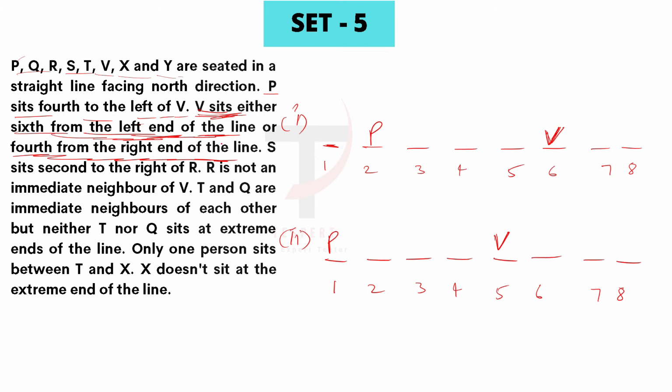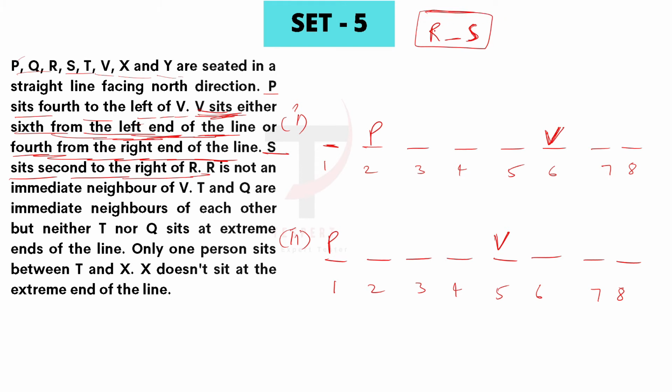Here S sits second to the right of R. This is the next statement. S sits second to the right of R, which means if R is here, S must be here, because S is second right to R. This is the first right and this is the second right. Let us mention this in a block, in a rectangle shape.